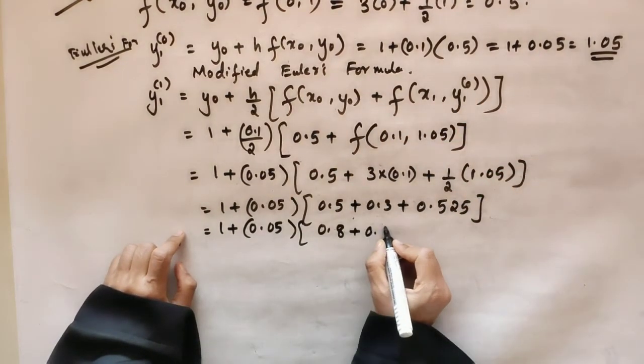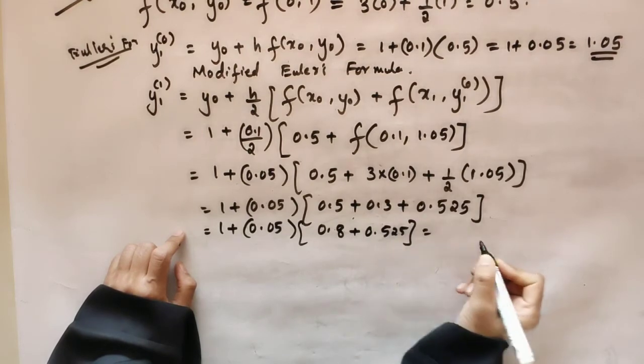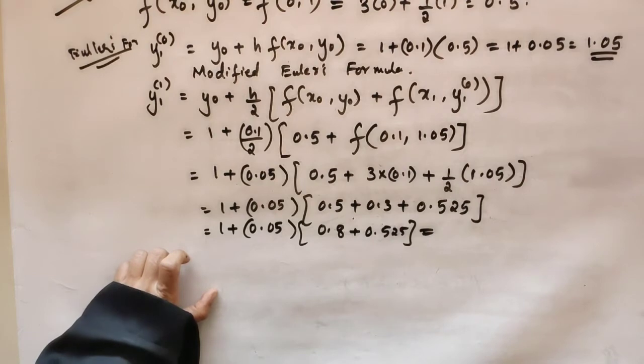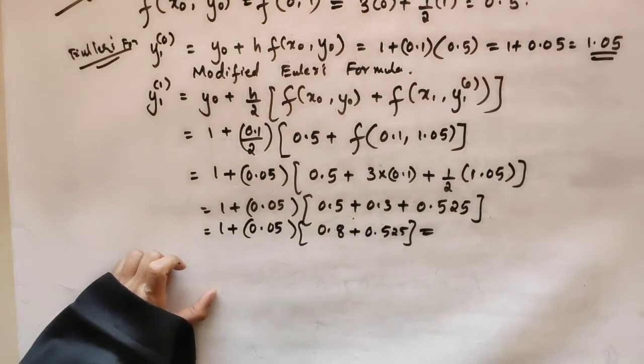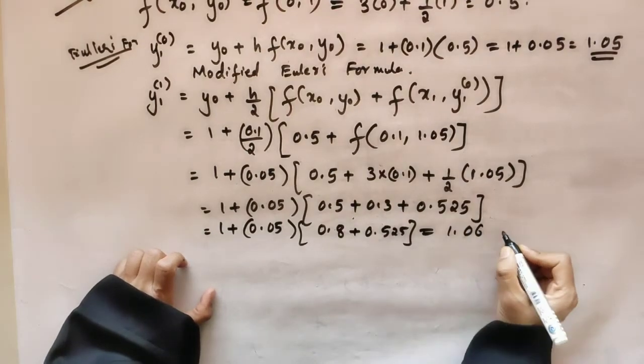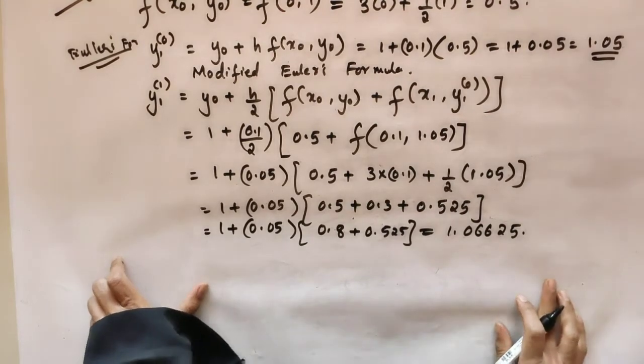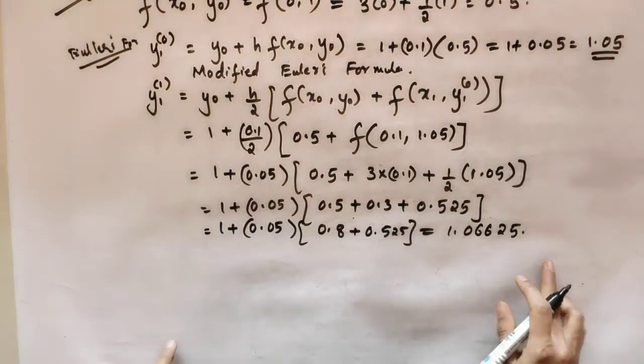So just put the values in your calci. The value should be 1.6625. This is going to be the first approximation.